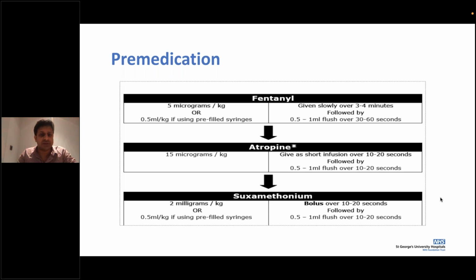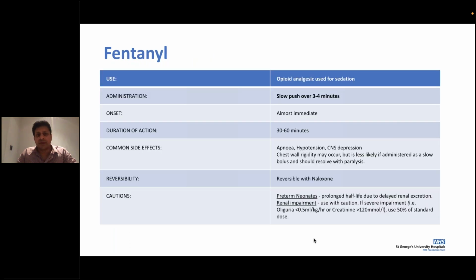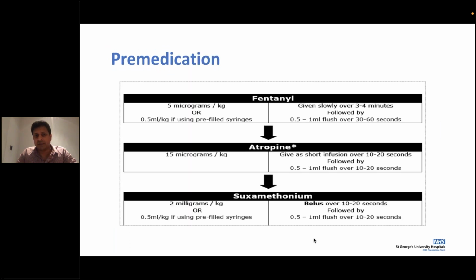It's very common in a delivery suite management arrangement, because you have a rough idea of the weight. You haven't weighed this baby, so you draw up the medication as a pre-filled syringe, and that is given. Fentanyl as such is given at 5 micrograms per kilo, and it's quite a high dose.